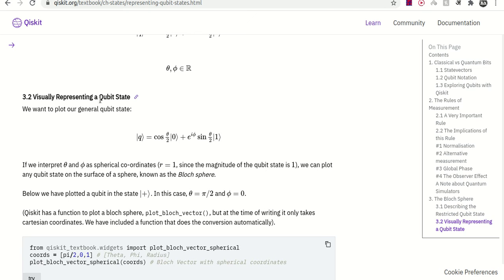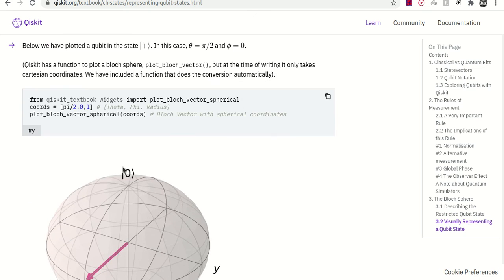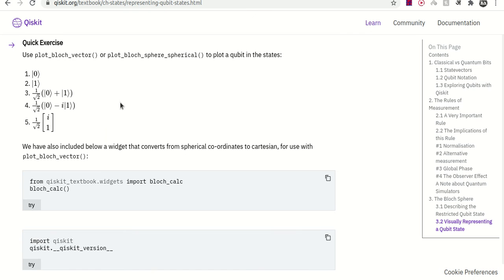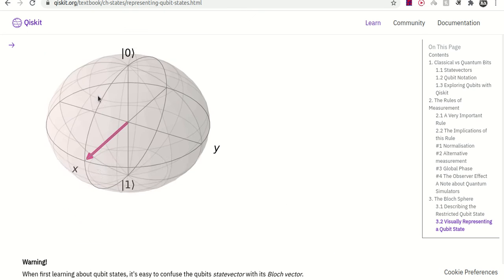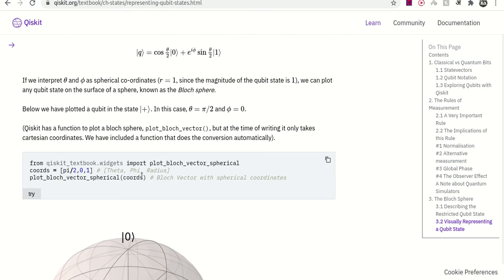So visually representing a qubit state, this is a Bloch sphere. Initially we have started with this. Now we can try representing these. So how are we doing that? Theta by 2... from the Qiskit textbook, import. These coordinates are representing theta, phi and radius.